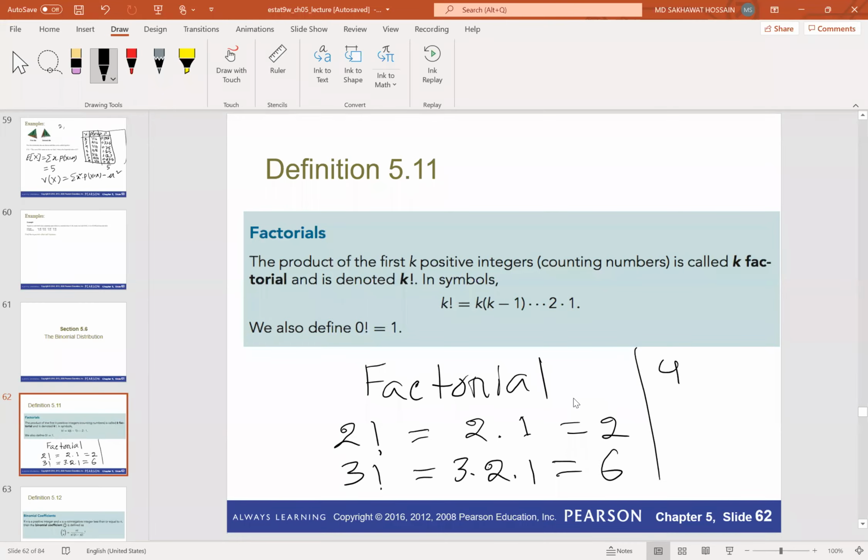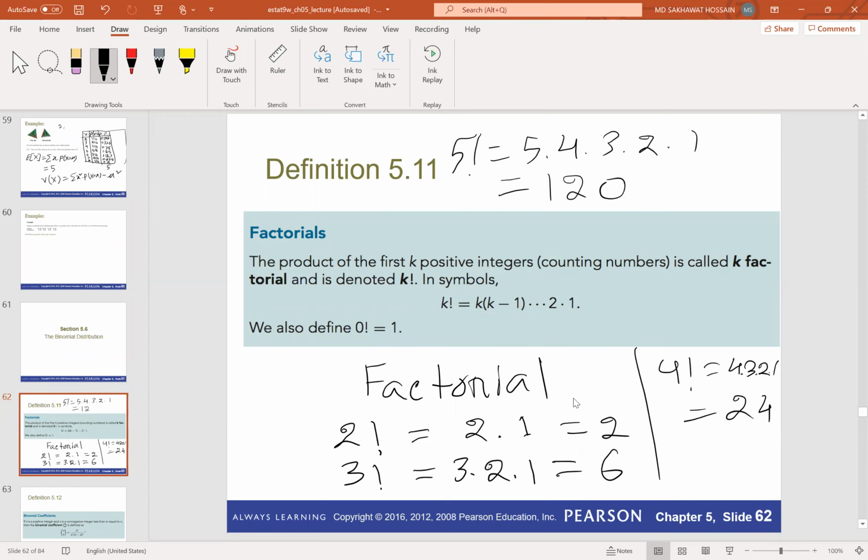And 4 factorial means we start from 4 and multiply up to 1. Then it will be 3 times 4 is 12, times 2 is 24. And then 5 factorial is 5 times 4 times 3 times 2 times 1, which is 120.